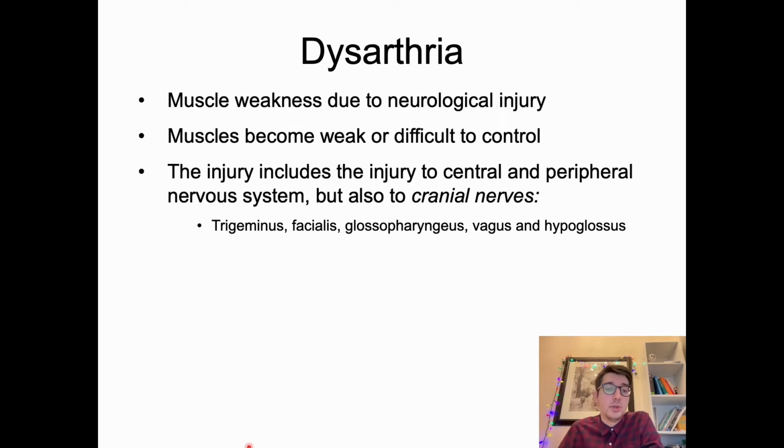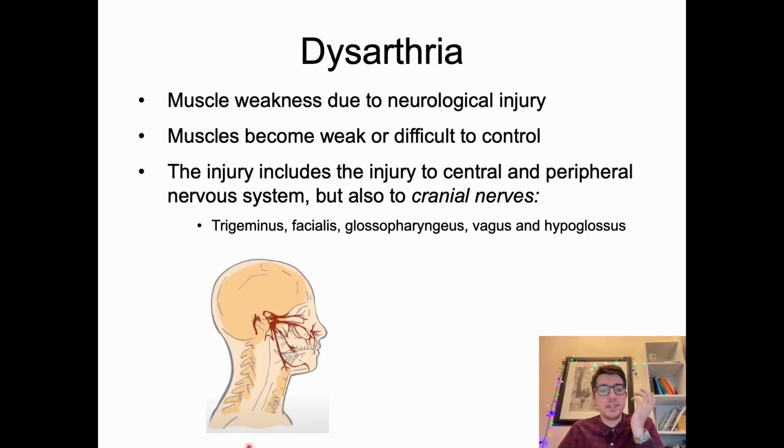The injury includes injury to the central and peripheral nervous system, but also to cranial nerves. And the cranial nerves are those nerves inside of your cranium, right? Head, so to say. So these are trigeminus, facialis, glossopharyngeus, vagus, and hypoglossus. This is glossopharyngeus. So it's a nerve that is giving the muscles information where to move, right? Or many nerves, I have so many nerves in there.